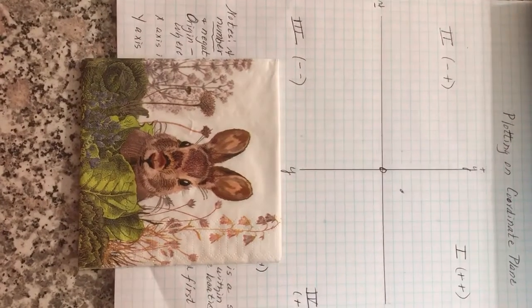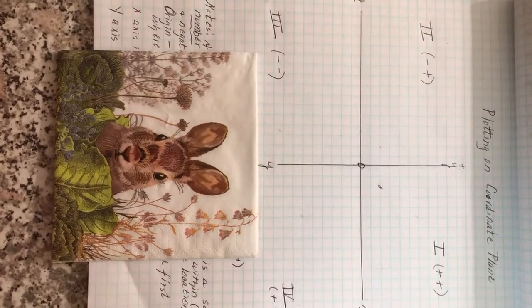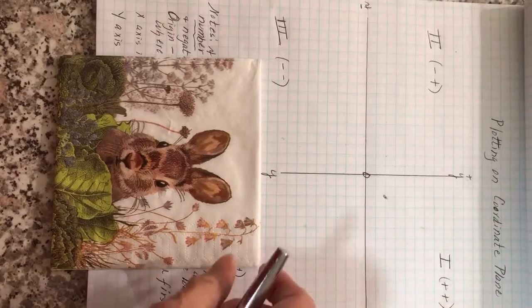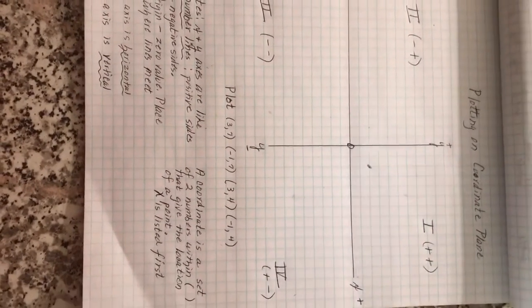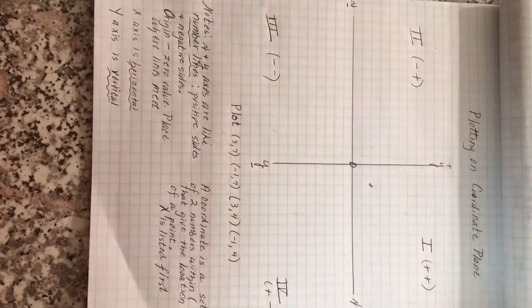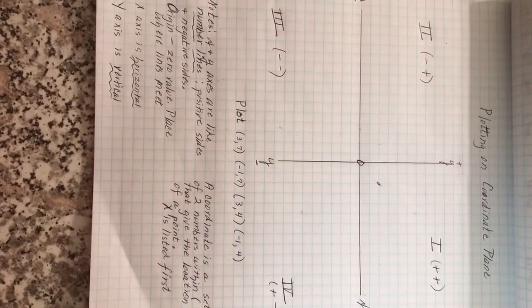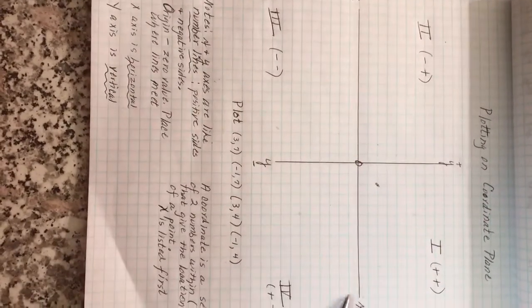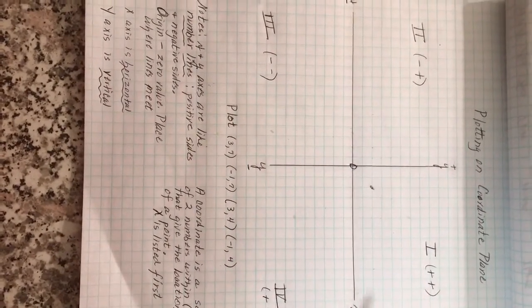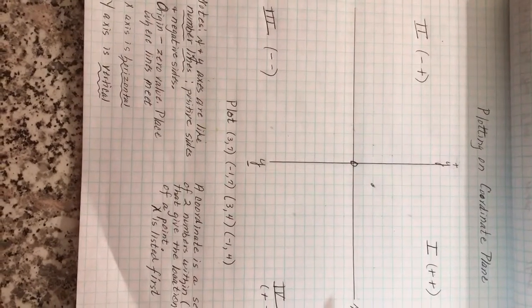Okay. Now we're going to learn a little bit more about what everything else is called. And by the way, this is Bunny, and Bunny is going to be hopping all around, leaving all sorts of clues for us, so we can solve lots of math mysteries. Anyway, let's see how this cross-section here divides up the plane into 4 quadrants.